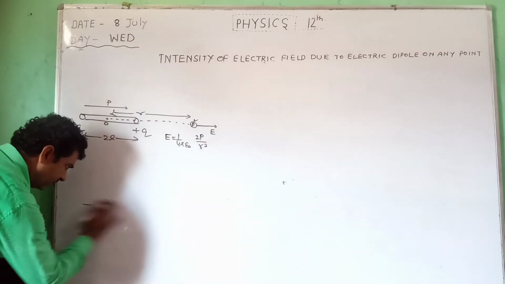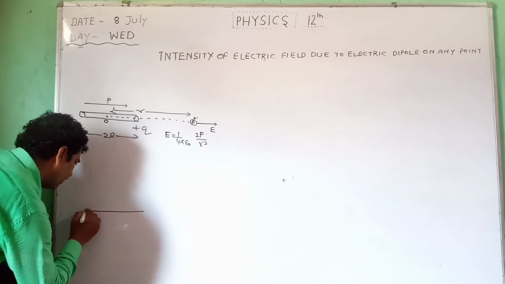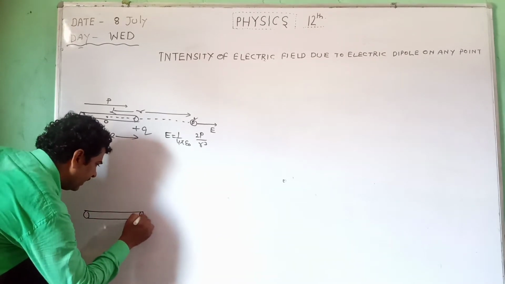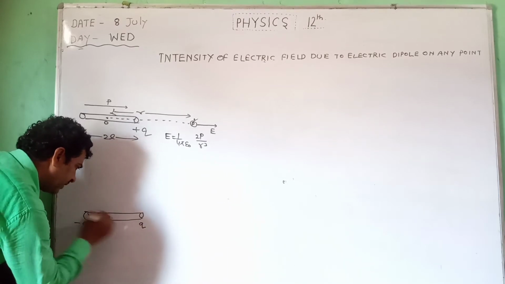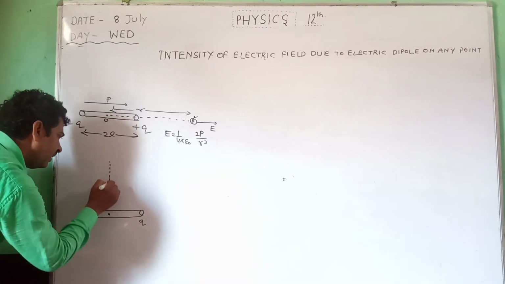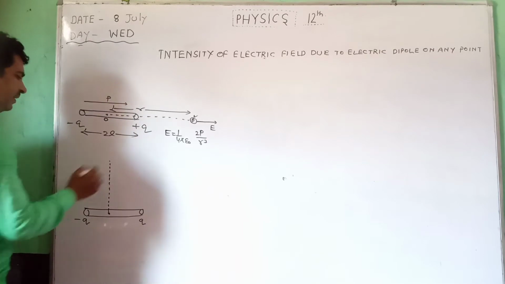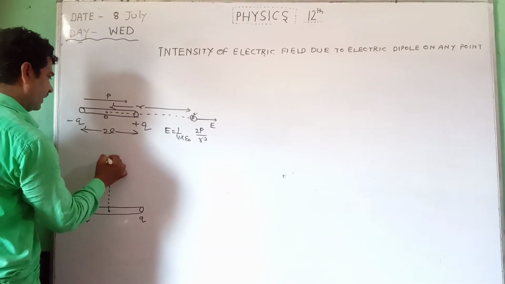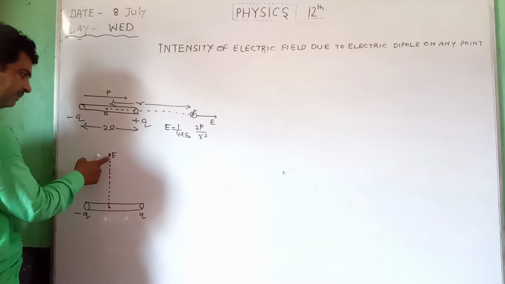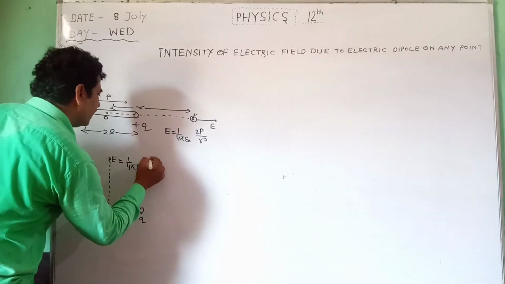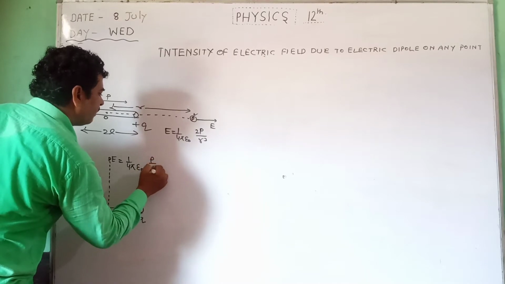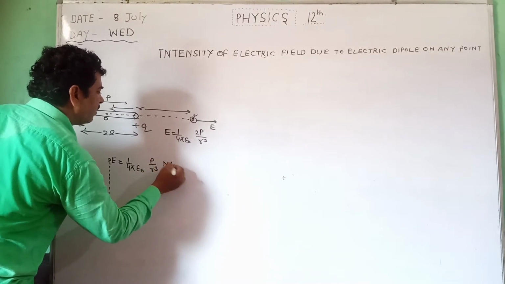My dear students, look here. One other thing, this is an electric dipole, minus q and plus q charges, and this is the equatorial line. What is the magnitude of the intensity of electric field at this point? Here I will tell you, 1 upon 4 pi epsilon naught, p upon r cube, newton per coulomb.